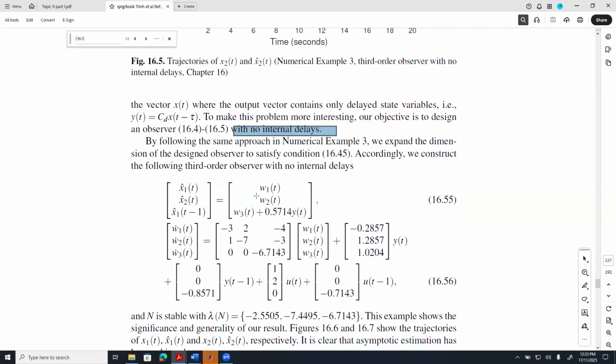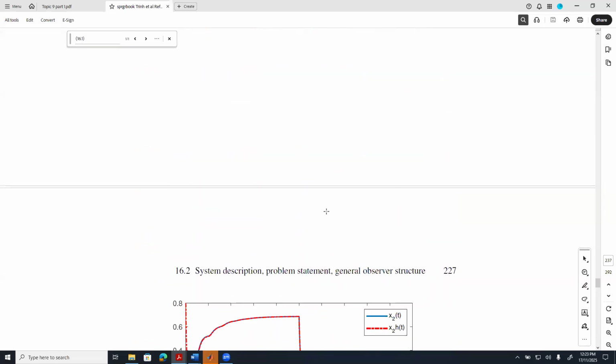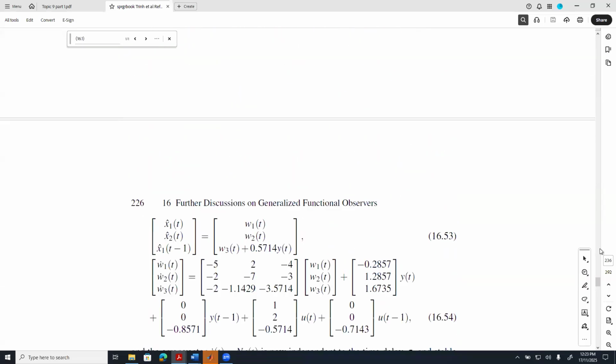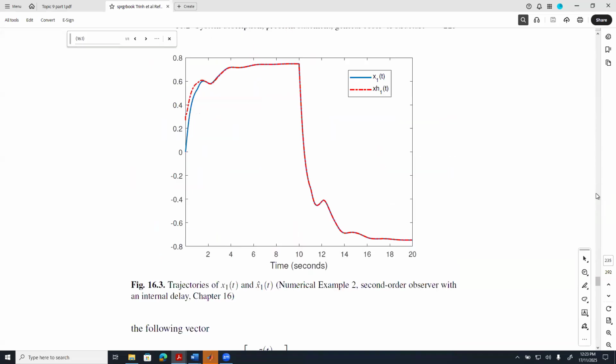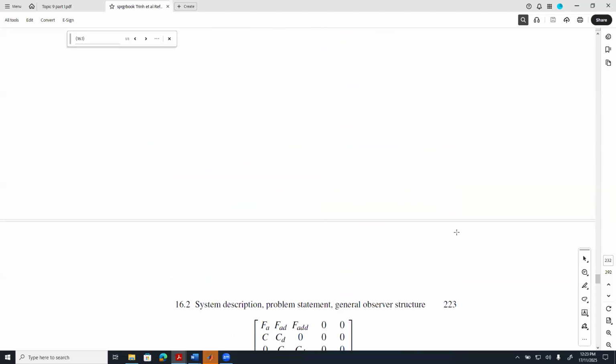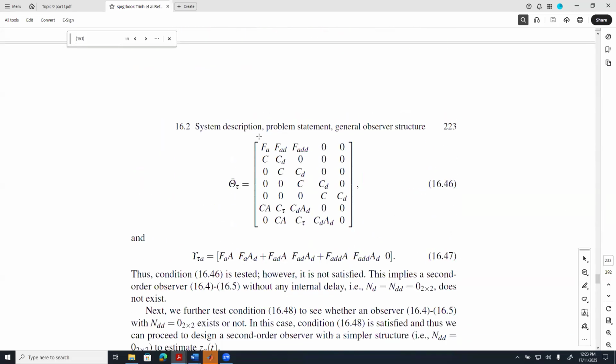We follow the same approach. In other words, we just test the condition given in here. Now, because matrix C is 0, have a look at that, C is 0. It turned out that the condition is still satisfied.